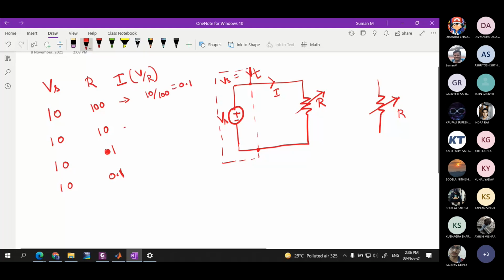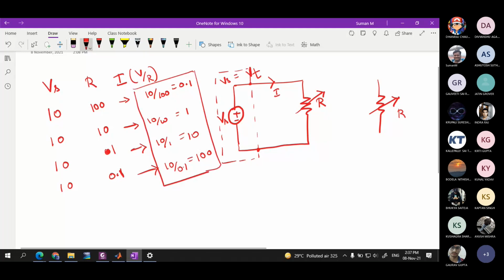Then 10 by 10 gives 1, 10 by 1 gives 10 ampere, and 10 by 0.1 gives 100 ampere. So you can see here that the current flowing through this resistor is decided by the external elements connected to the source.